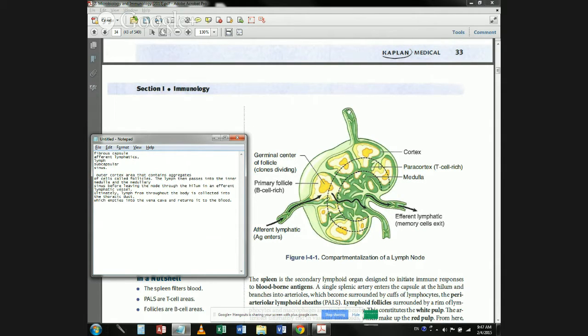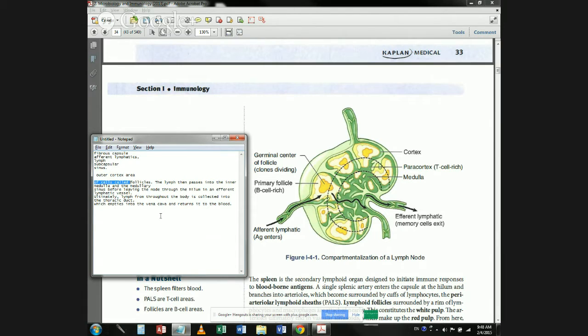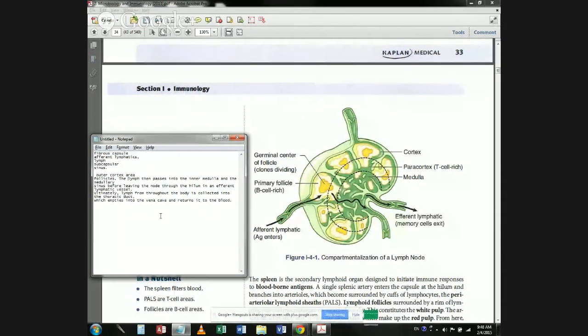Here's the outer cortex. Lymph comes in here, enters the subcapsular sinus, and then percolates through this outer cortex area that actually contains aggregates of cells called follicles. Here are all the follicles right there. Okay. The lymph then passes into the inner medulla.